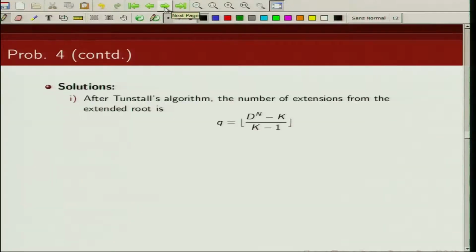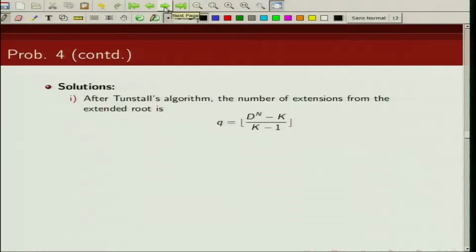So in a Tunstall message set, what do we do? We do q extensions of the extended root, and each time we extend the most likely leaf. That's your Tunstall message set, right? And how many such extensions do we do? If you recall, the number of extensions that we do is given by this expression.